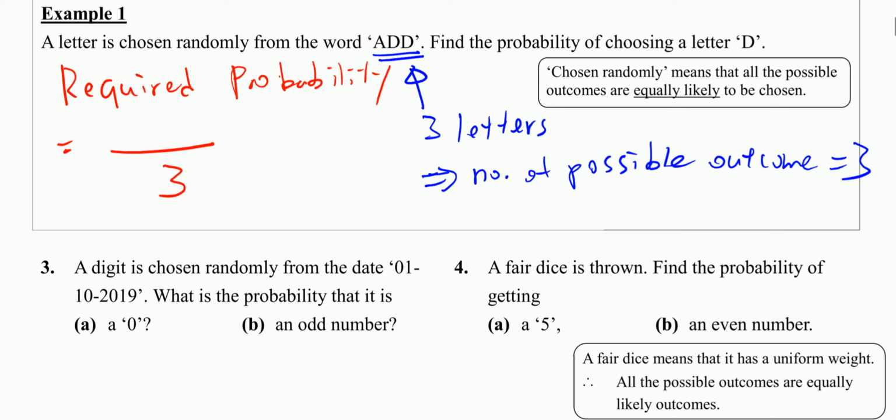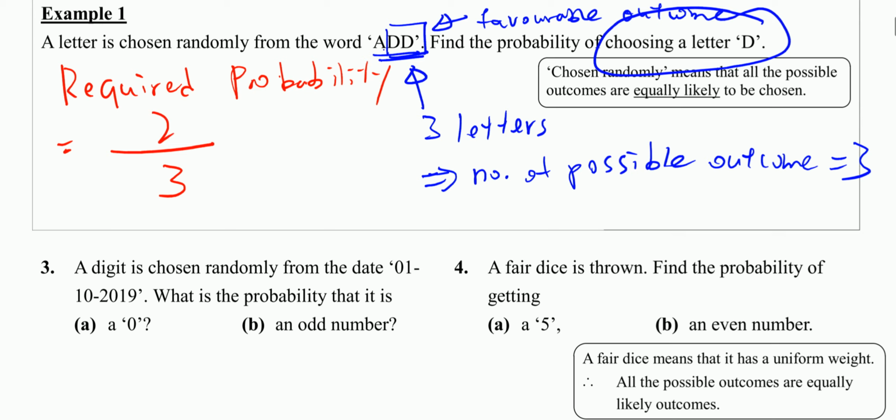For the favorable outcome, which is D, you know that the two Ds should be your favorable outcome, so the number should be 2. We can refer to this to write down our required probability.